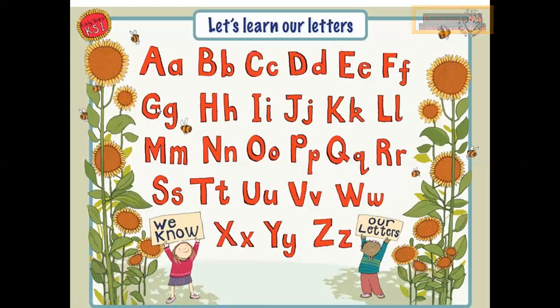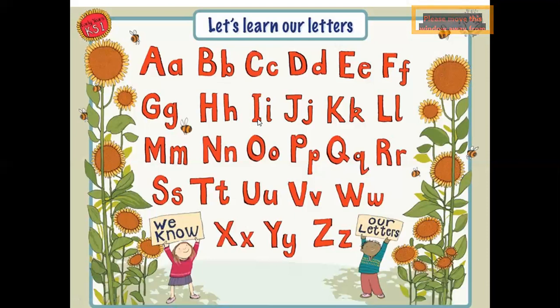After G, our next letter is H. This one is the uppercase H and this one is the lowercase h. H, hat, hand, and H, heart. After H, our next letter is I. This one is the uppercase I and this one is the lowercase i.